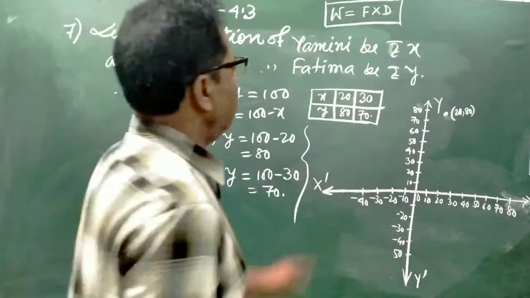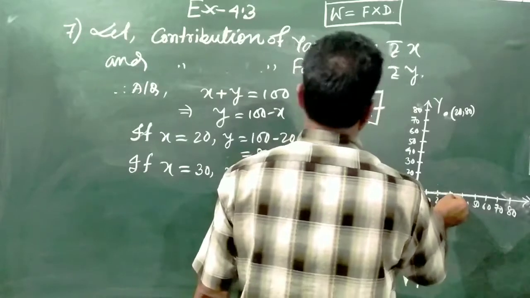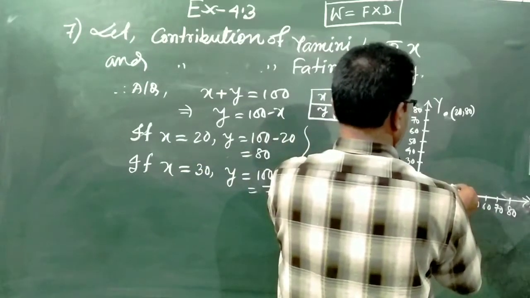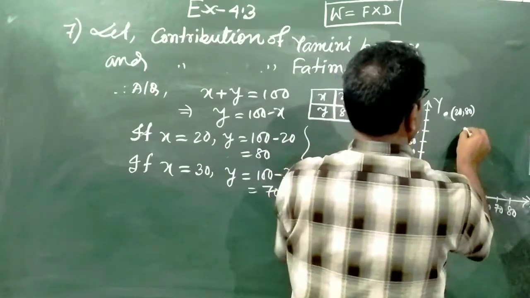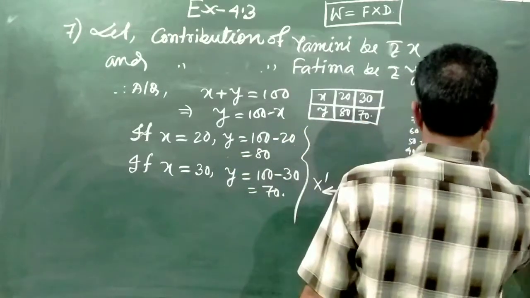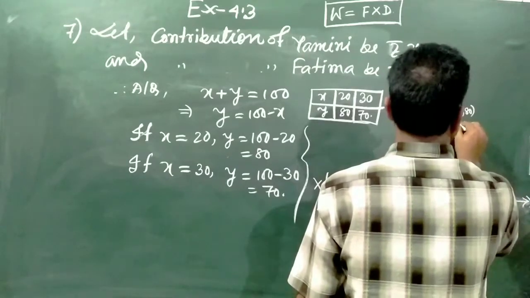Another point, x 30 and y 70. x 30, 10, 20, 30 here, and y 70. Go up to 70. 1, 2, 3, 4, 5, 6, 7. So this is 30 and 70.